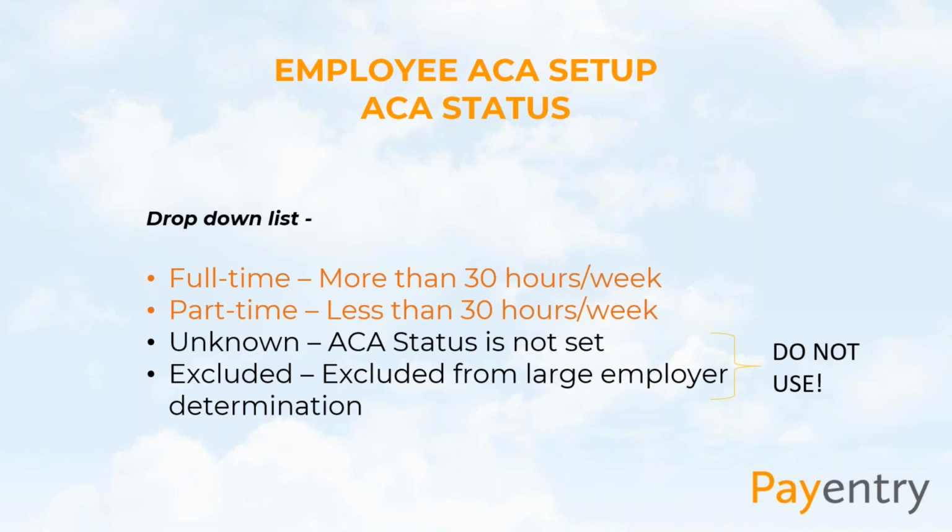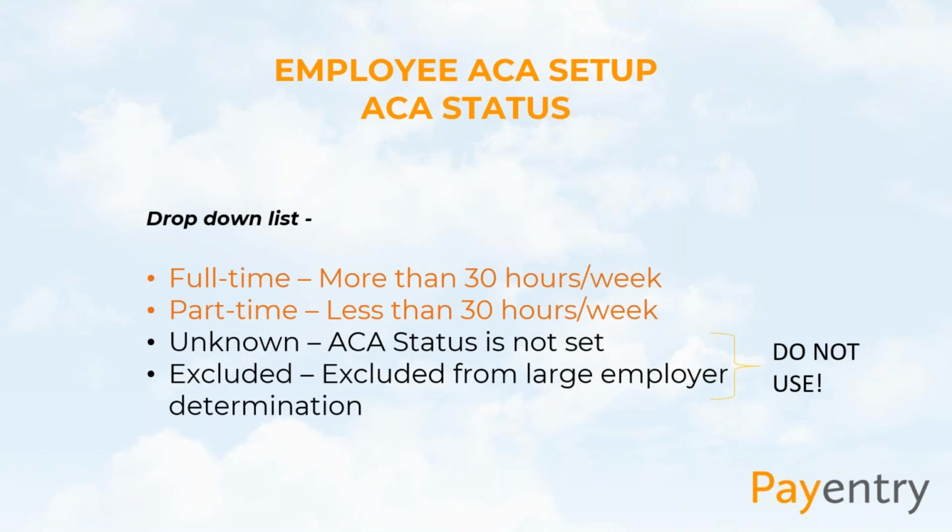And there are two other drop downs here. One is unknown, ACA status is not set, and one is excluded from large employer determination. If at all possible, do not use either one of those because when you get ready to file, it can cause errors. The person who has an unknown status does not receive a 1095-C.